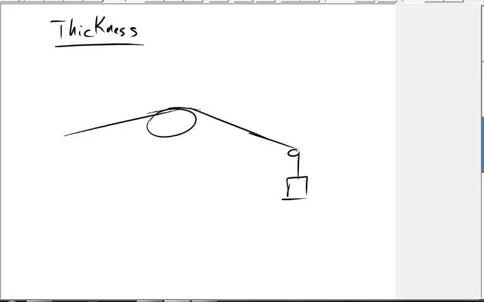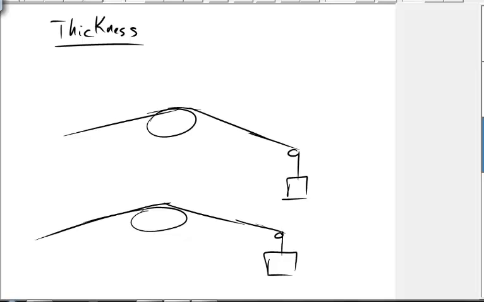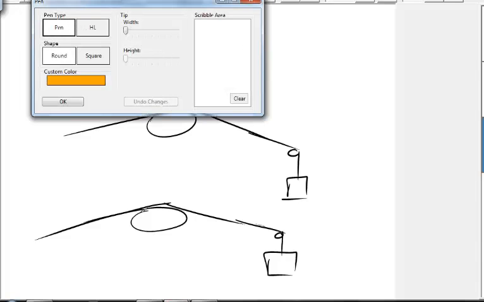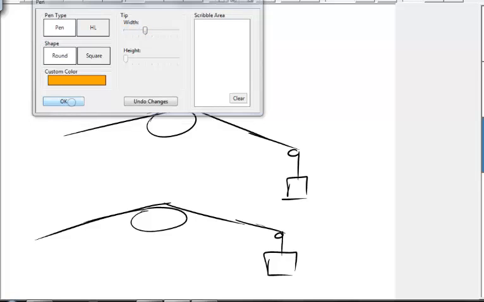Well, if we wanted to test for thickness, our cup would have to be at the same place, our pulley in the same basic place, and the amount of weight, whatever it is, has to be the same. And so what we would have to test for is how thick our string is going to be.